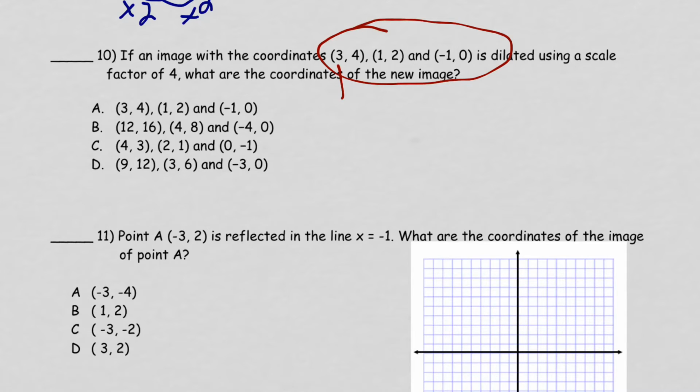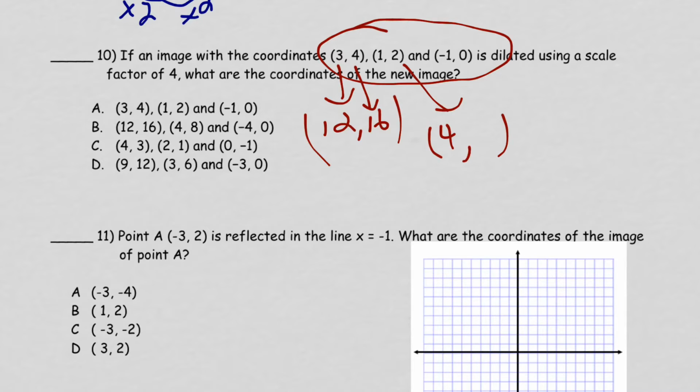So 3 times 4 is going to give us 12. 4 times 4 is going to give us 16. So one of our points is 12, 16. 1 times 4 is going to give us 4. 2 times 4 will give us 8. And then negative 1 times 4 will give us negative 4, and 0 times 4 will still give us 0. So we're looking for the answer choice that has these coordinates, and the only one that does is answer choice B. So that's going to be our answer.